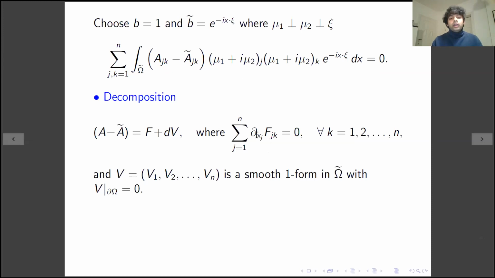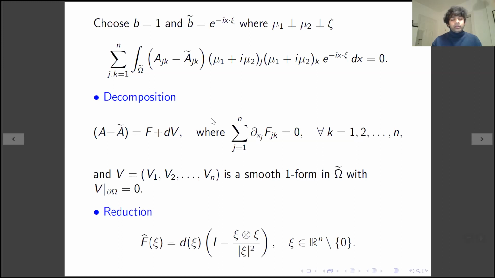So we have these divergence-free conditions, and v1, v2, vn is a smooth one form in omega tilde with the condition that it is 0 on the boundary. So if I put f plus dv here, the advantage is that when I do integration by parts, d will act on e to the power i x dot psi, because these are constants. So immediately one psi will come out, and that will make things 0 because psi is perpendicular to mu1 and mu2. So I will only end up with the divergence-free part, that is f.